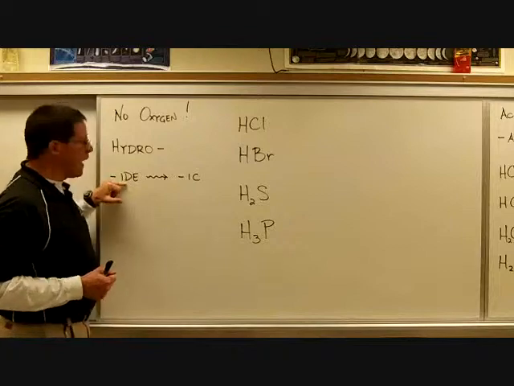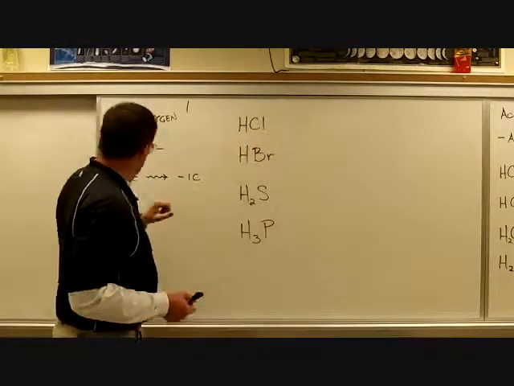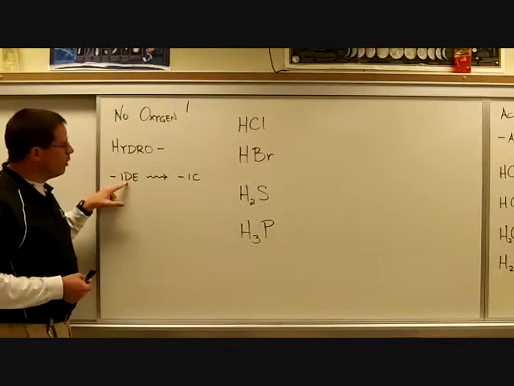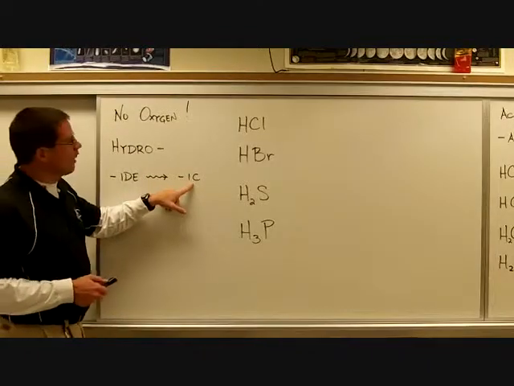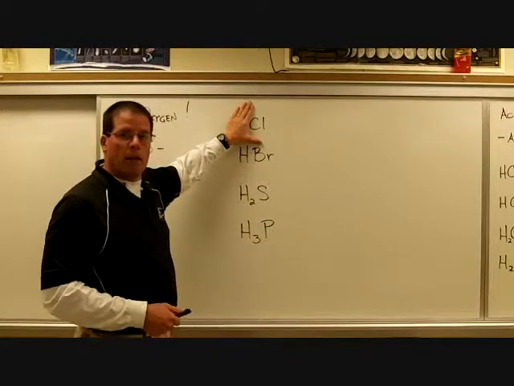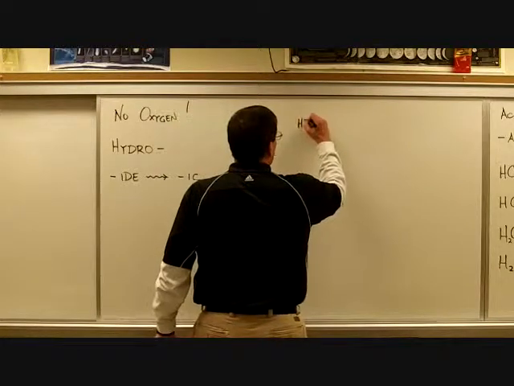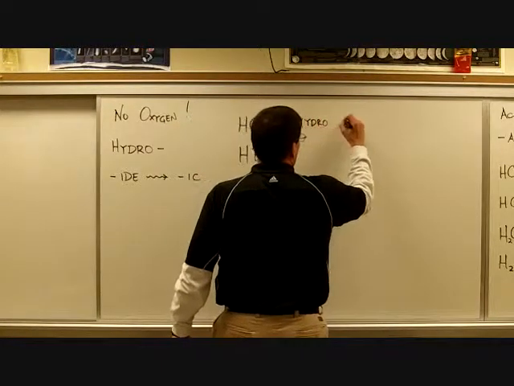Well, we're going to drop the IDE ending, or if you wanted to, drop the INE ending, okay, we're going to drop the last syllable and make it an ic. So we're going to have not chlorine or chloride, but chloric. Since there's no oxygen in this, we call this hydrochloric.